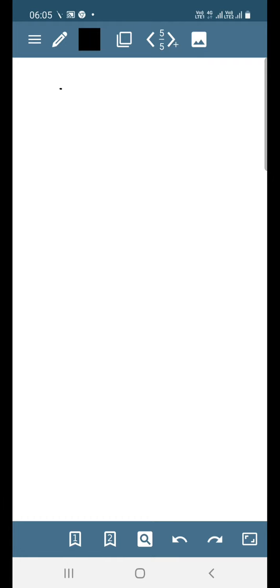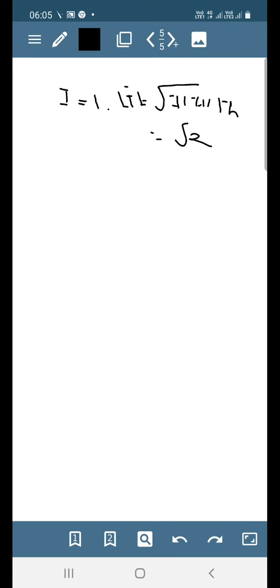Now, if we take I is equal to 1, then the magnitude of I, root I into I plus 1 h cross, is equal to root 2 units of h cross.